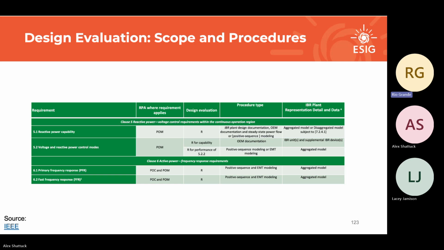I know this is an EMT course, but this is one of the few cases where I was able to get someone to put the word disaggregated into the table, because this is extremely important for a lot of manufacturers to do disaggregated. I have done this in EMT with a partial equivalent, like you mentioned yesterday. We modeled the longest feeder. So in my opinion, why is it extremely important for reactive power capability to be done disaggregated in a model space with the full plant?